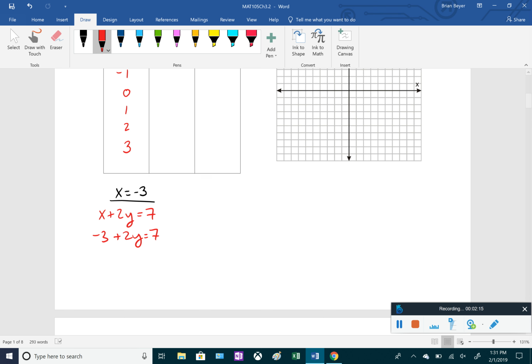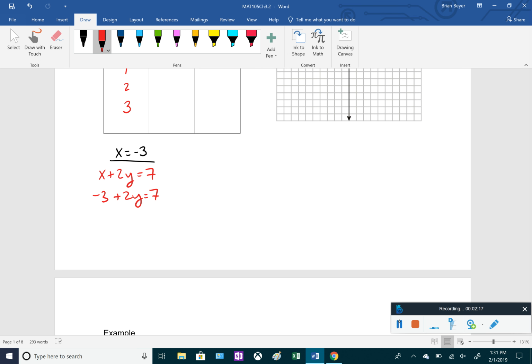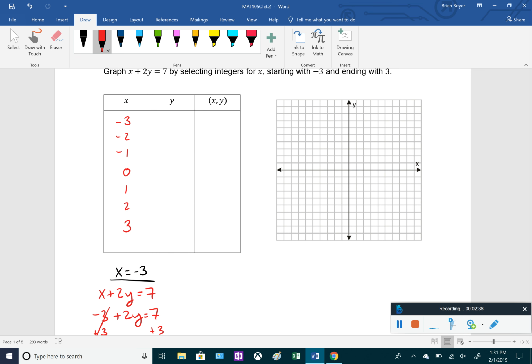So we need to add 3 to both sides. We're going to get 2y equals 10. Just for the sake of space, I'm not going to write the intermediate step. We need to divide both sides by 2. 10 divided by 2 is 5. So that's going to give us a y coordinate of 5, which gives us the xy coordinate of -3, 5.